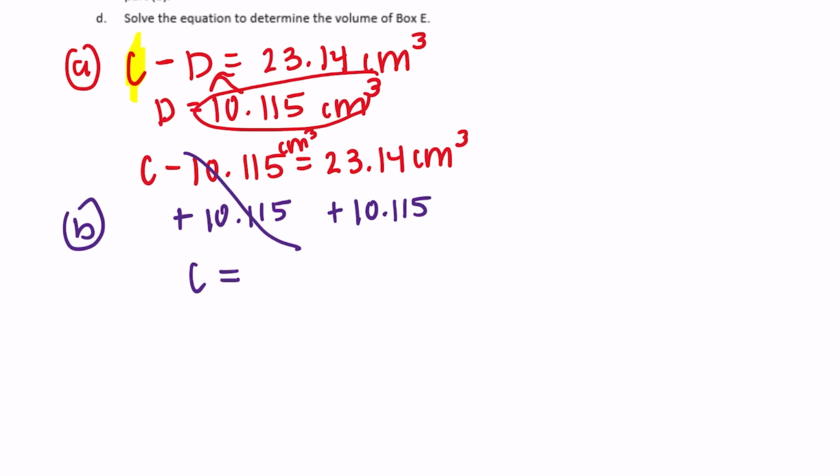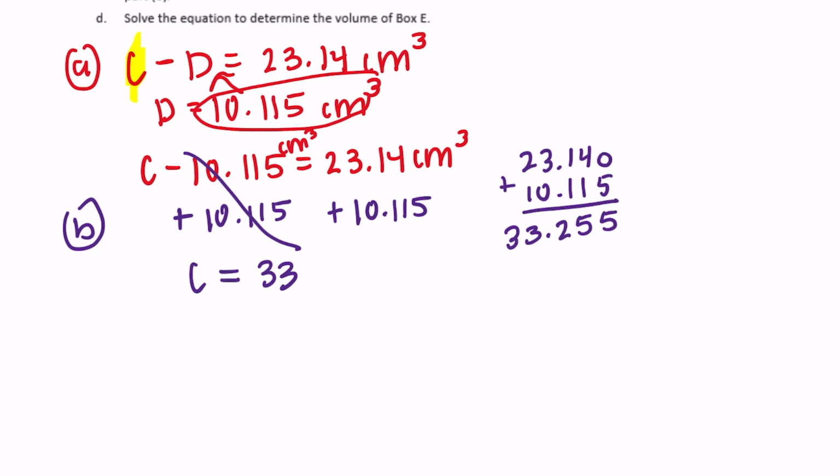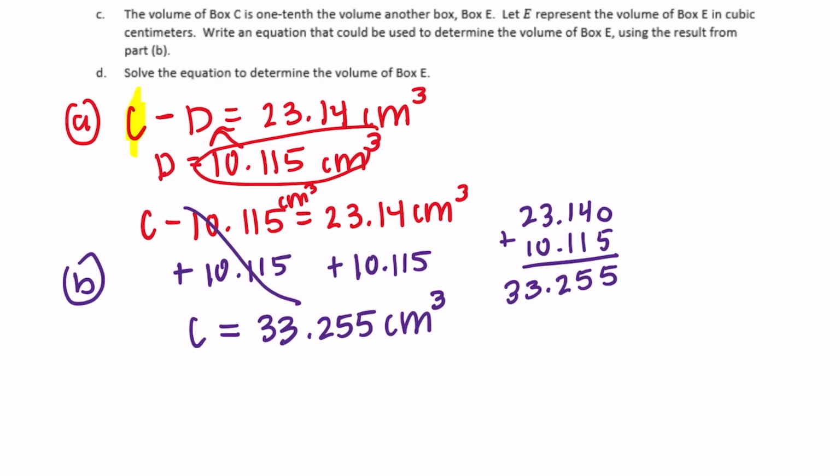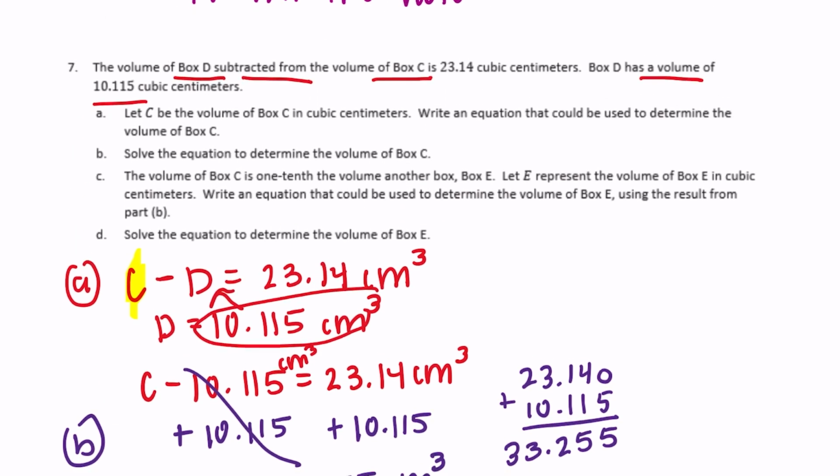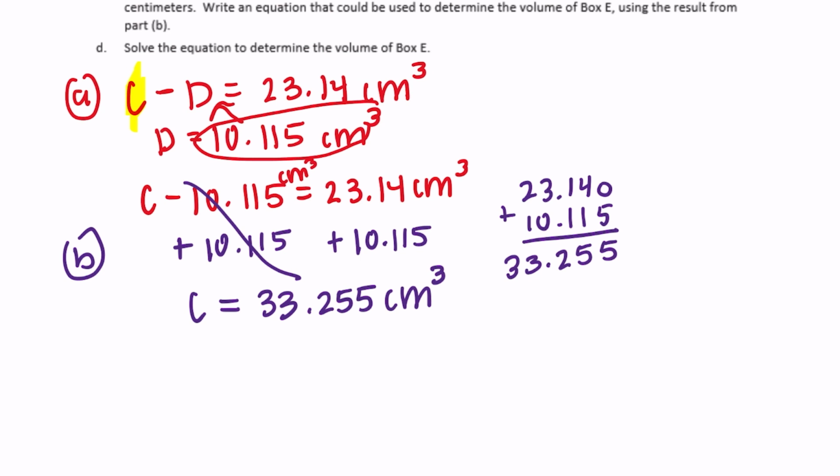And let's add these together. So 23 and 14 plus 10 and 115 thousandths gets us 33 and 255 thousandths centimeters cubed. So the volume of C would be 33 and 255 thousandths centimeters cubed.